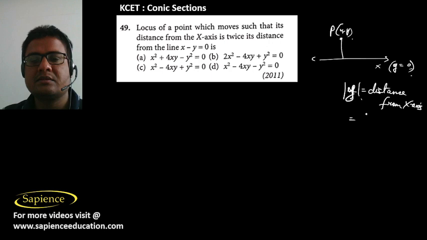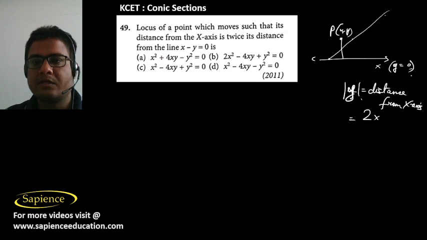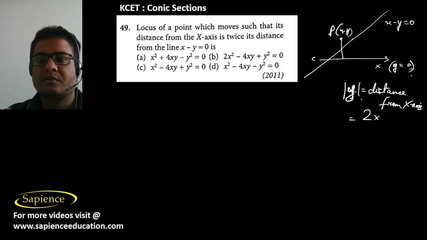And that is twice its distance from the line x minus y equal to 0. So let's say this is the line x minus y equal to 0. So this d you have to find.